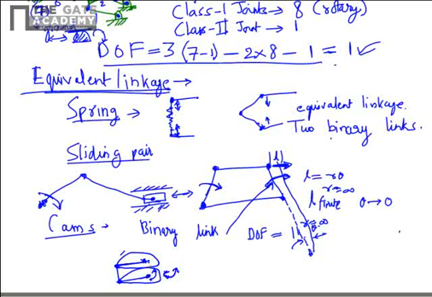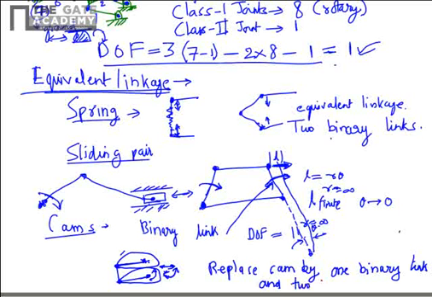One of the cams can be a flat surface. That is the general example of a cam that we see. And this cam can also move in the translational direction. So a cam can be replaced by one binary link, and on either side of the binary link you have a rotary pair, so you have 2 rotary pairs.